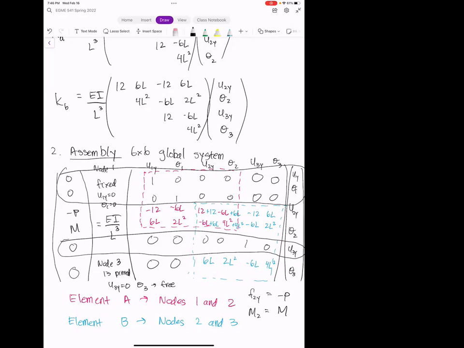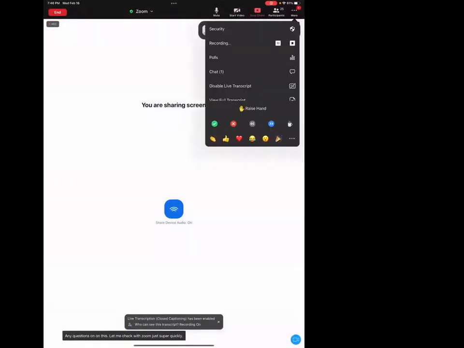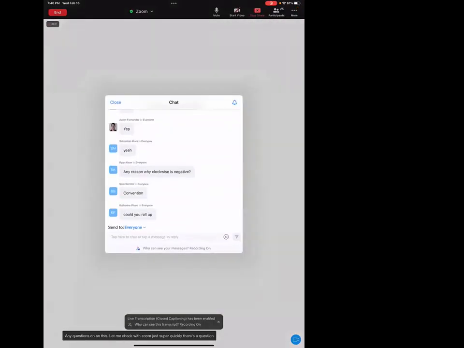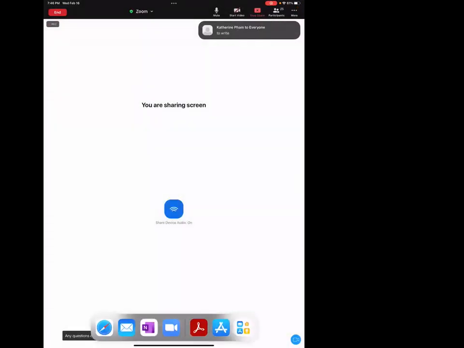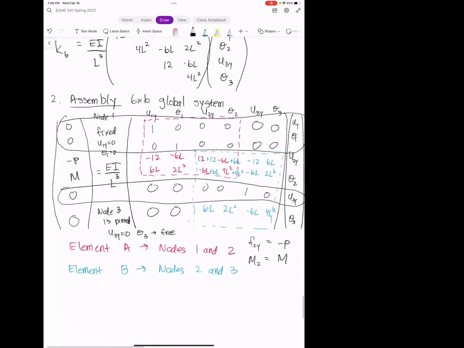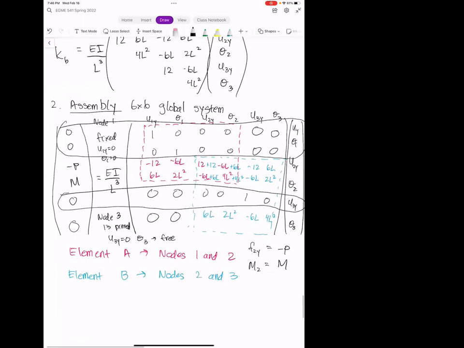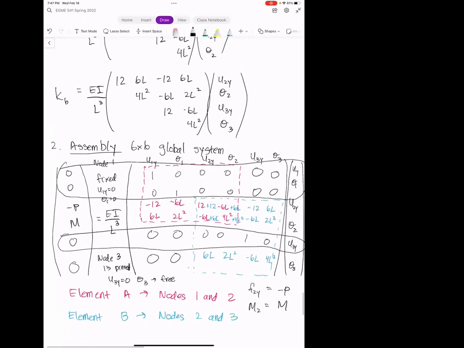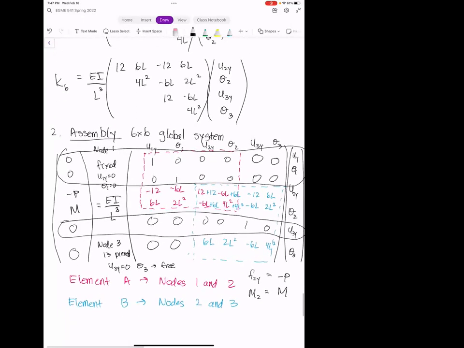Let me check the Zoom super quickly. There's a question. Yeah, I'm balancing two things. In class, there's a big glare on this area of the screen, and so I'm balancing that along with making sure you can see things on the Zoom as well.